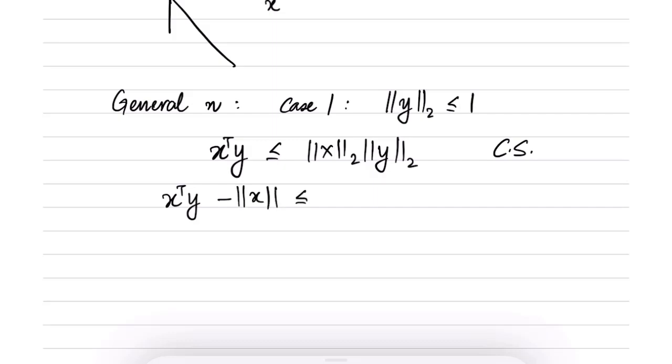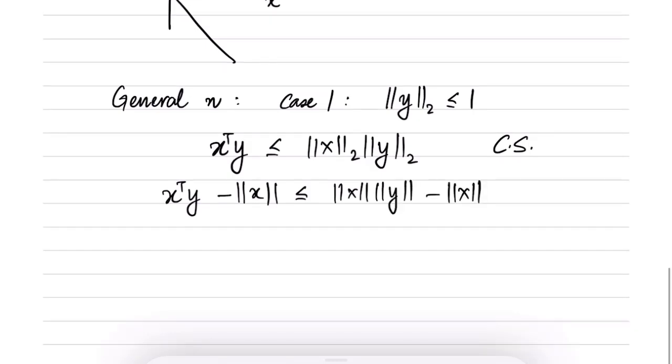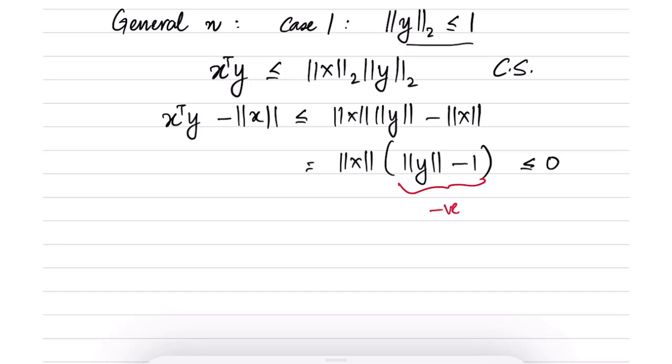So we would obtain norm of x, norm of y minus norm of x, which can be written as norm of x times norm of y minus 1. Now this is interesting because norm of y is less than or equal to 1, and therefore you can see that this quantity is always non-positive. In other words, this is less than or equal to 0.